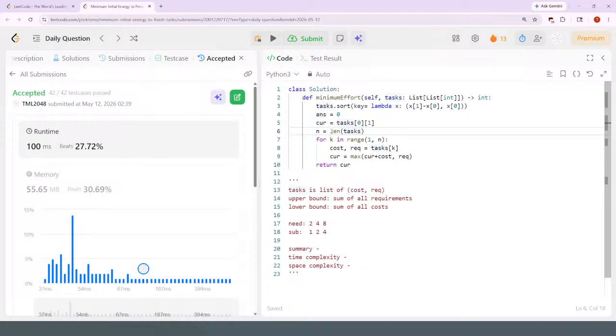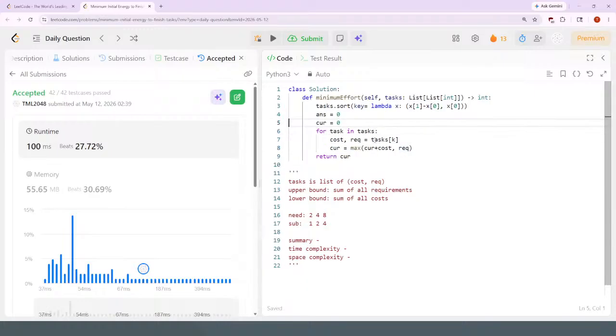I wonder if there's a small... Yeah, maybe I can actually start with current equals 0. Yeah, and then just iterate over the tasks here. Yeah, don't have to do anything. I actually don't have to do any of this, or I can consolidate this. I guess I don't even need the answer.